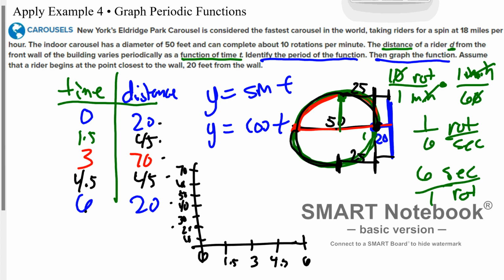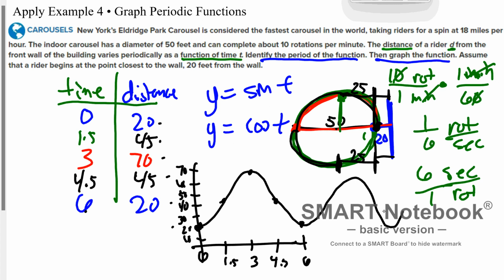We can see at 0 seconds we're at 20, at 1.5 we're at 45, at 3 we're at 70, we reach the max, come back down to 45, and then back to 20. Then it just repeats this pattern, and it keeps going.